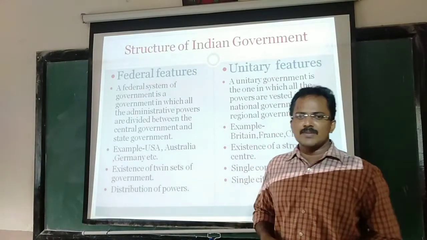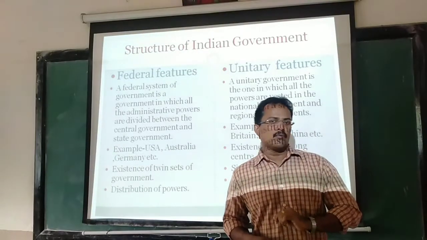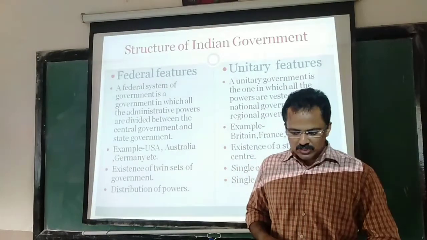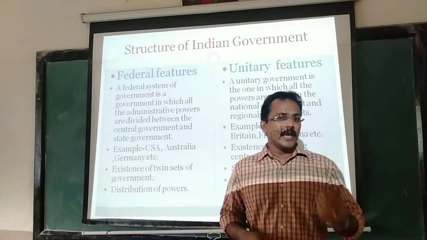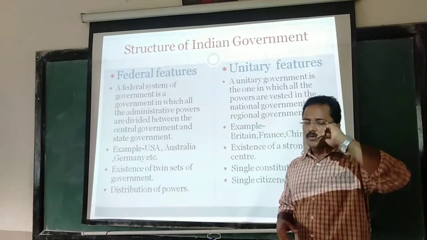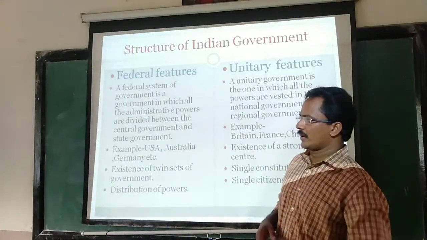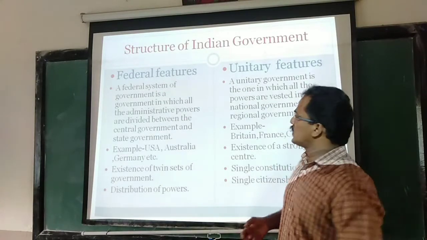India is a federation of states. At present, there are 28 states in India and 8 union territories. So India has federal features, and at the same time, it has some unitary features.